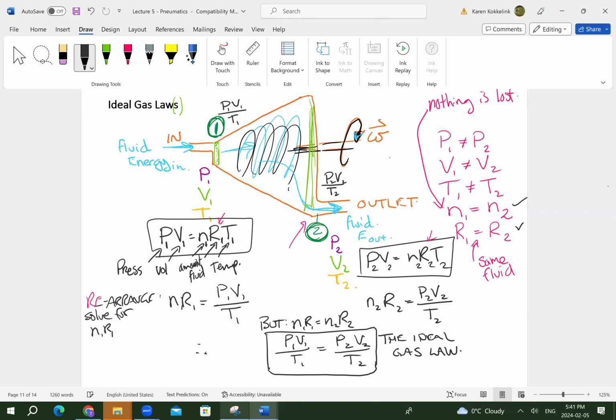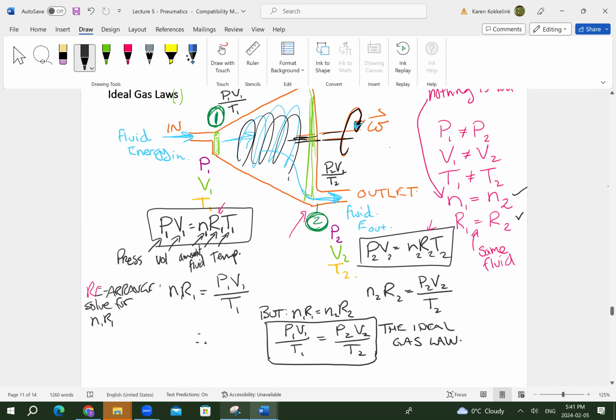Now, most people say the ideal gas laws with a plural, but that's because people like to break these up and say, if you hold pressure constant, then one of the ideal gas laws is V1 over T1 equals V2 over T2. If you hold temperature constant, then P1 times V1 equals P2 times V2.